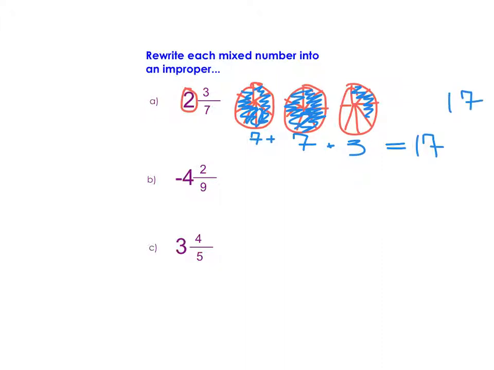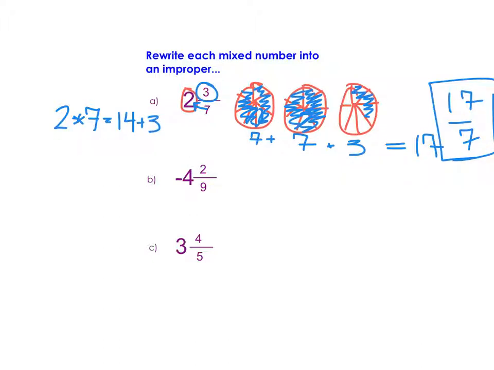So we would have 17/7 in our improper fraction version of that mixed number. Now the other trick that you can use is you can do 2 times 7, to get the 14 pieces, and then just add on that 3 as well, if you would like. So there's 2 different strategies that you can use.